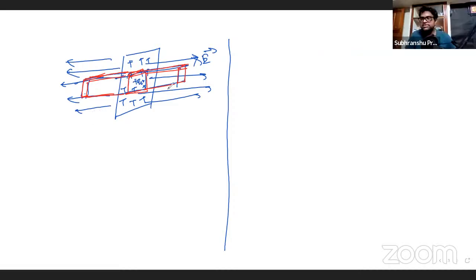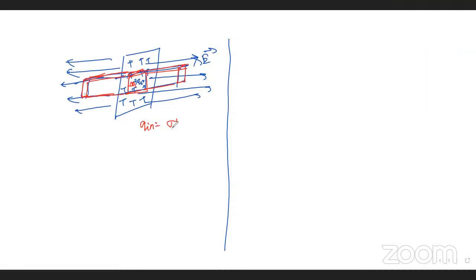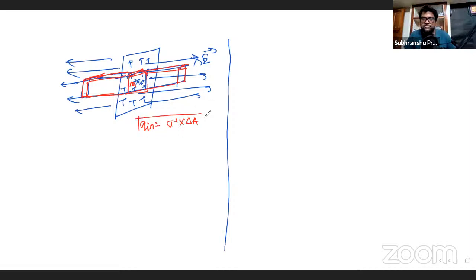Here, as it is a surface, we will not use lambda, we will use another symbol, sigma. Sigma is the number of charge per unit area. So for this small area delta A, the charge inside is charge per unit area multiplied by area.